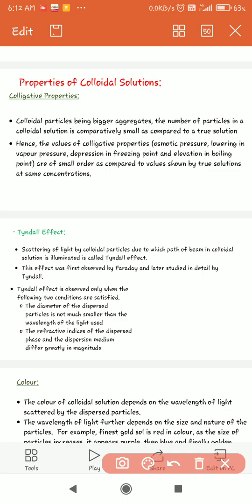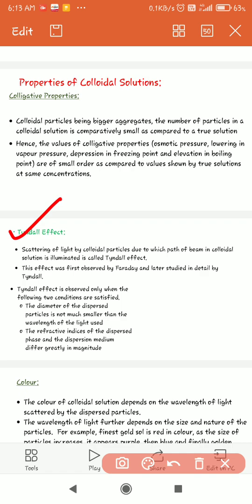So what are the major properties of colloidal solutions? The first one is the Tyndall effect. What is meant by the Tyndall effect? It is the scattering of light by colloidal particles, due to which the path of the beam in a colloidal solution is illuminated.